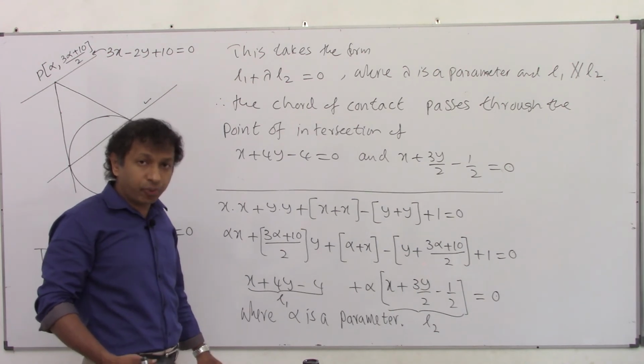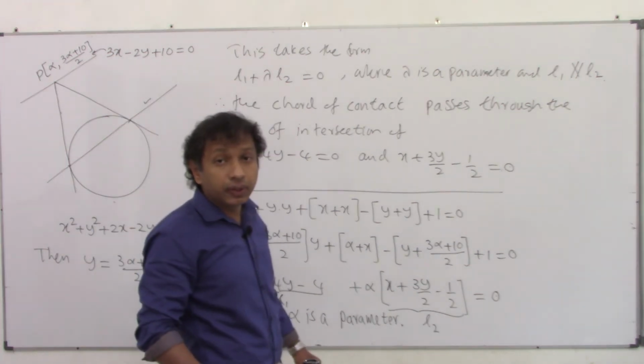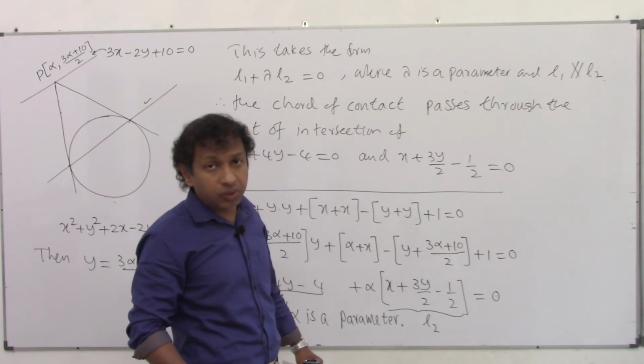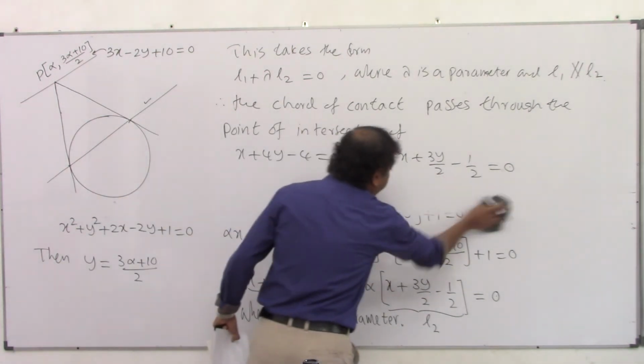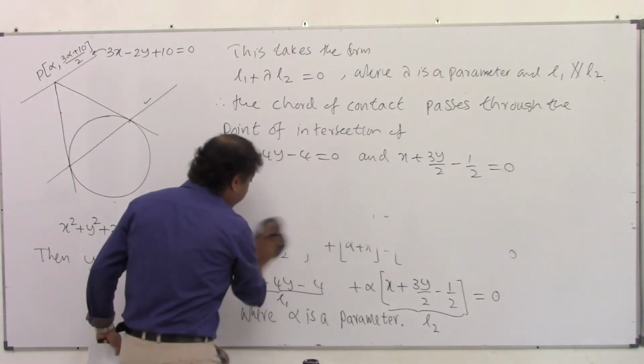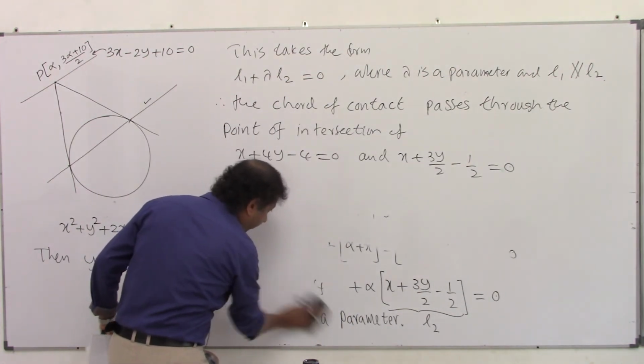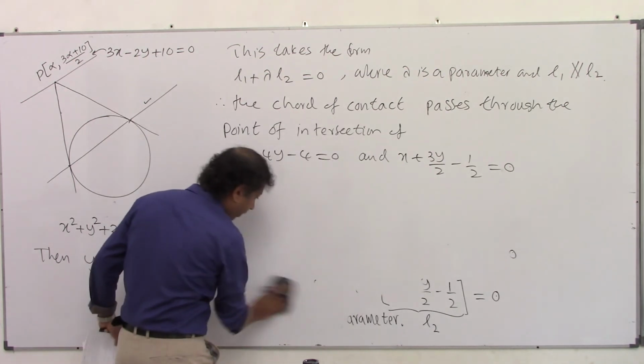That fixed point is the point of intersection of the two lines. So to find the point of intersection, we have to solve these two equations simultaneously.